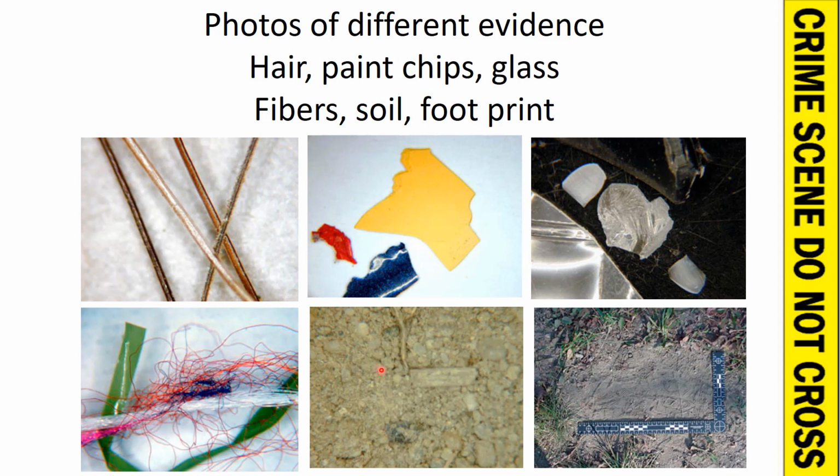Dirt, believe it or not, can be very, very telling. It can create a pattern of where somebody has been based on the analysis of it. And then right here, it's hard to see, but there's actually a footprint. That would be a foot impression that's being measured by this scale. So these are just a couple of examples of some of the circumstantial evidence that could be found at a crime scene.